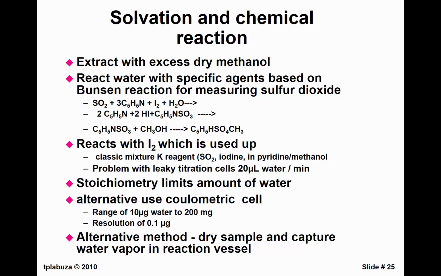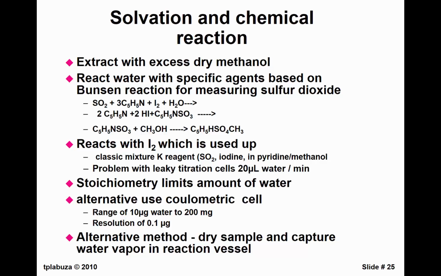So how about solvation with a chemical reaction? Again, the same thing. You extract with dry methanol. Methanol is highly hygroscopic, so you have to keep it in a very closed container, and you should always measure the water content of the methanol as well. So a blank in there.